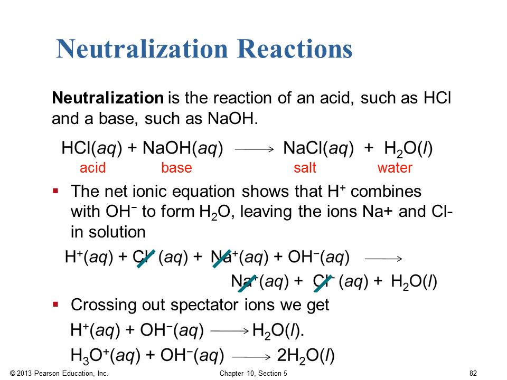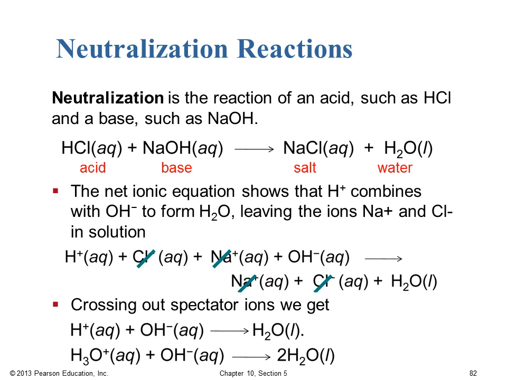And so when you write out all the ions in solution, you're going to rewrite the chemical equation as shown in the bullet there. You have H+ plus Cl-, plus Na+ and OH-, and that's going to make Na+ and Cl- and H2O. And then you just cancel out things that you see on both sides of the reaction.